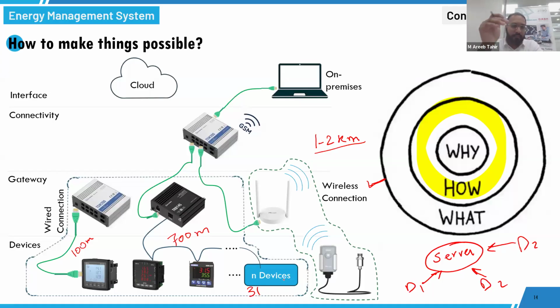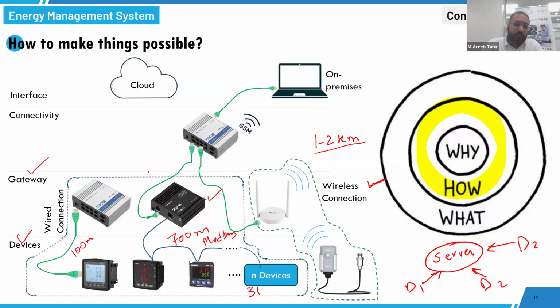Now, after this connectivity at the device level, then comes the gateway. These gateways can be like this one. Basically, a gateway is a protocol converter. The devices at the side might be, for example, Modbus, and this Modbus needs to be connected to something which a computer can read.